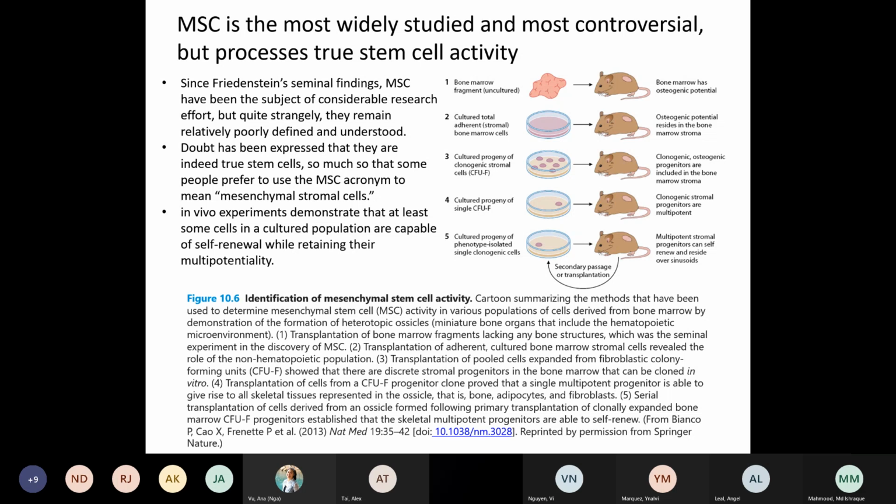Mesenchymal stem cell is a stem cell, but maybe we can say not every mesenchymal stem cell is a stem cell. When people don't do careful work, maybe they just collect some cells without characterizing those cells carefully. Maybe those are not stem cells.